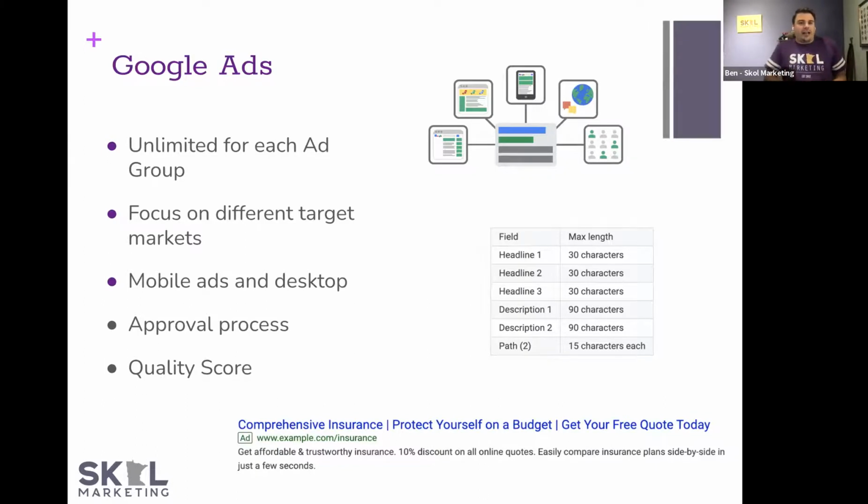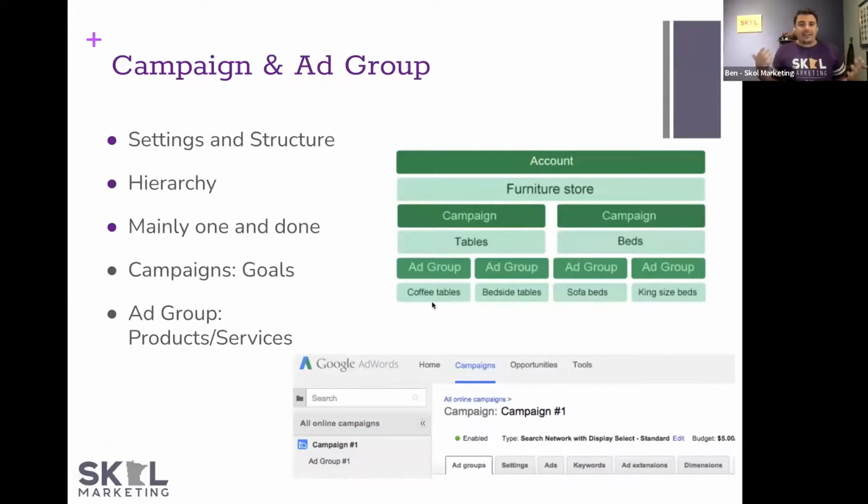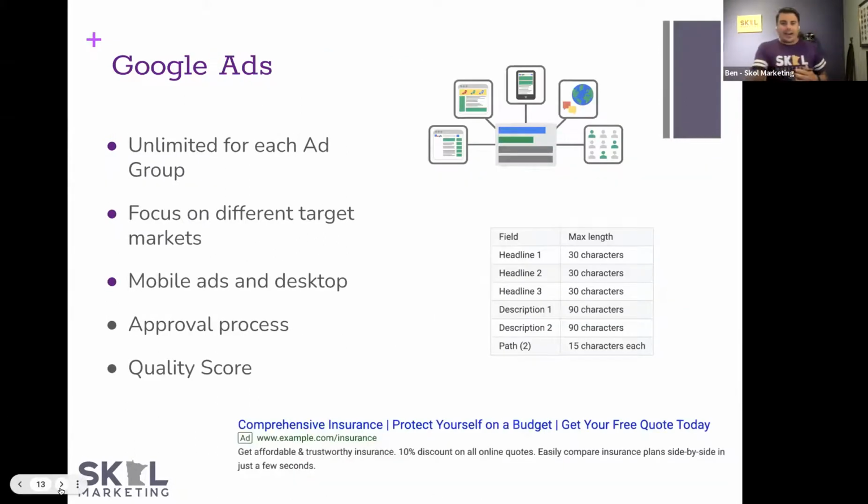It's important to realize that you can have an unlimited amount of ads per ad group. So going back here, if we're doing ads on coffee tables, we can have unlimited ads from there. What's nice is when we get to the next step and talk about responsive ads, you'll see that Google is helping you with this.